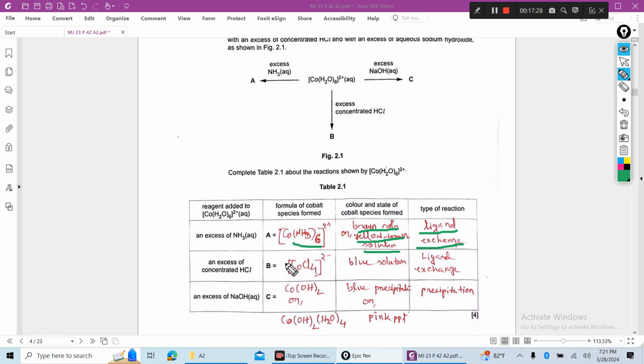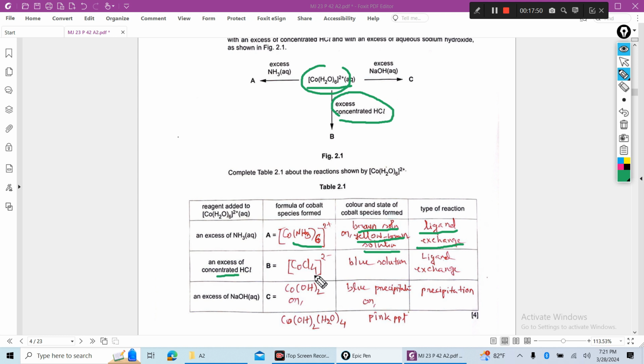Now you see B. The cobalt 2 aqua complex has octahedral geometry, but when it reacts with concentrated hydrochloric acid, tetrahedral geometry will be formed.